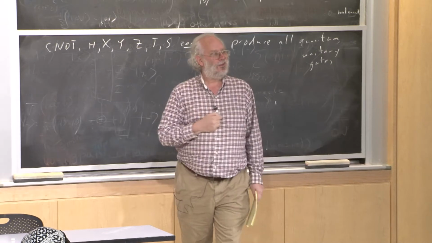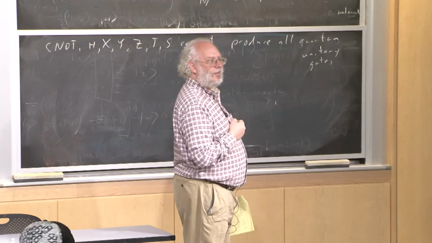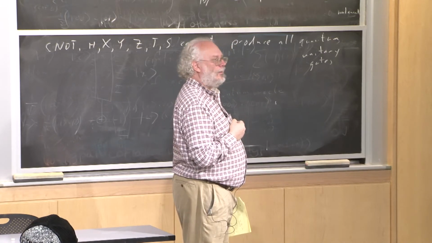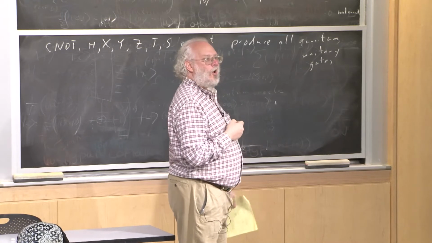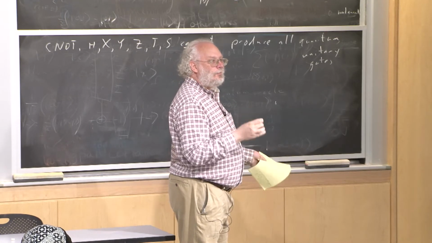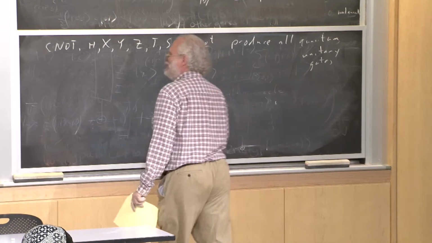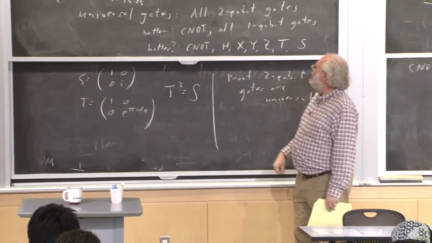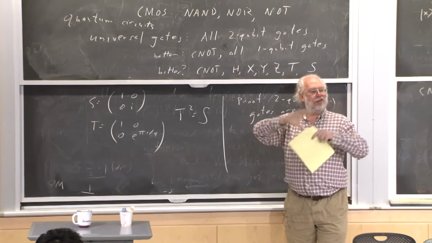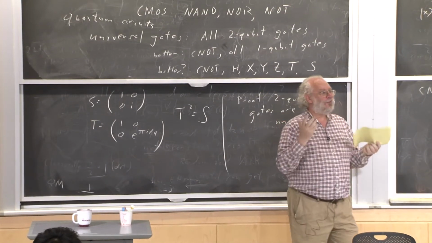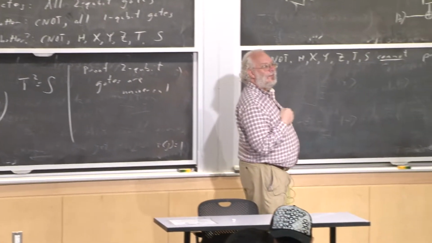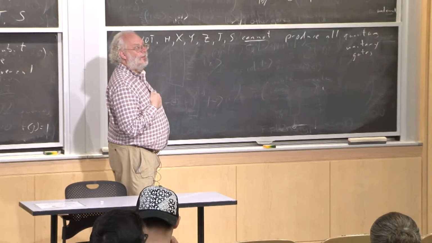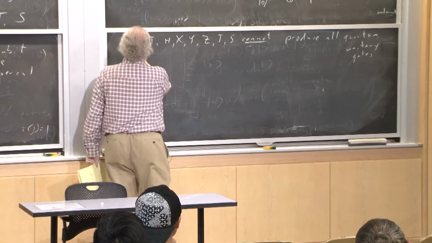Yeah? Well, you can't do any phase shifts other than by multiples of pi over 4. But you can, because with C naughts and H and these, you can get a lot of different phase shifts. Yeah? I was just going to basically say the same thing. Okay. You can't do arbitrary phase shifts.